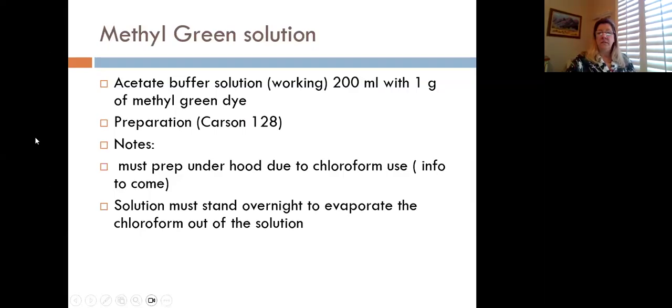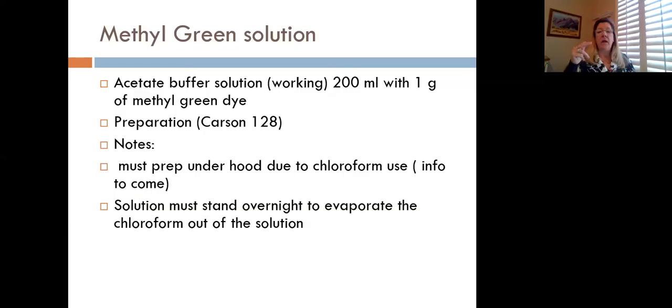Your methyl green solution: you have the acetate buffer working solution, which is 200 mils, with 1 gram of methyl green dye. Again, there's prep for this. In my book, it's on page 128. You'll be close if you look it up.